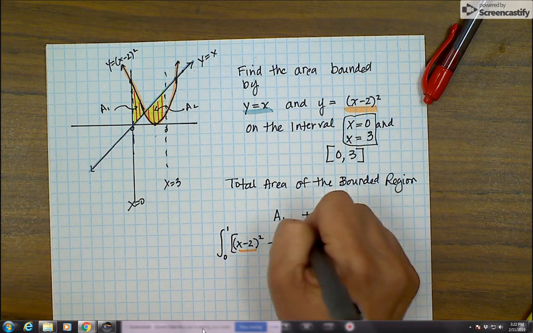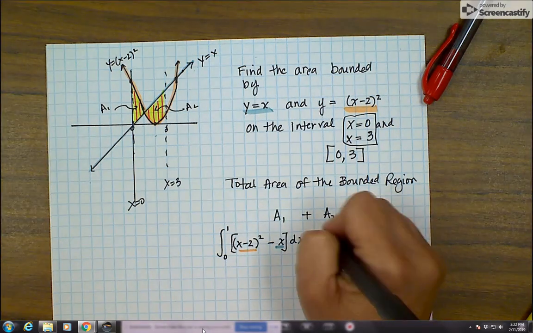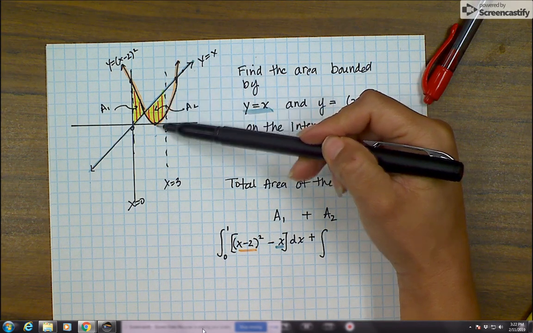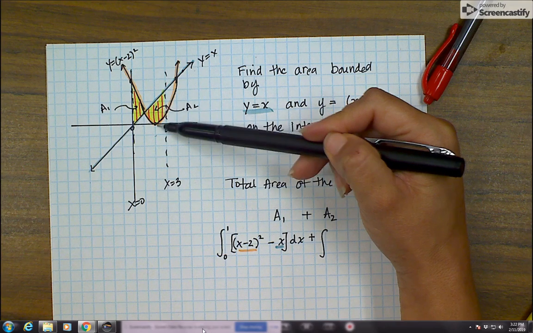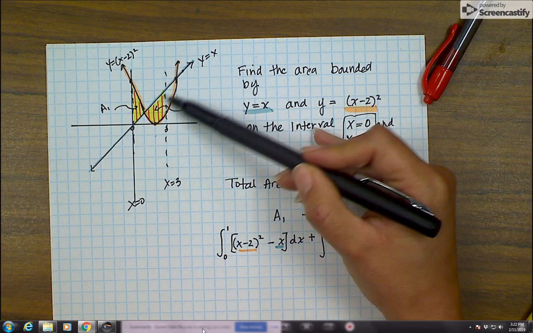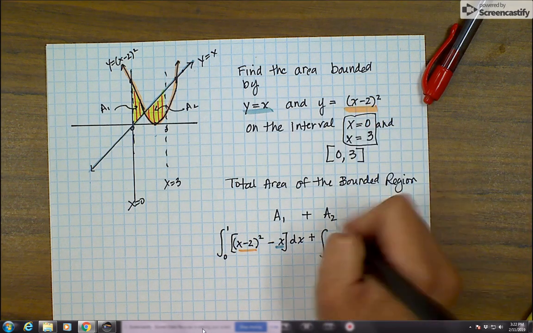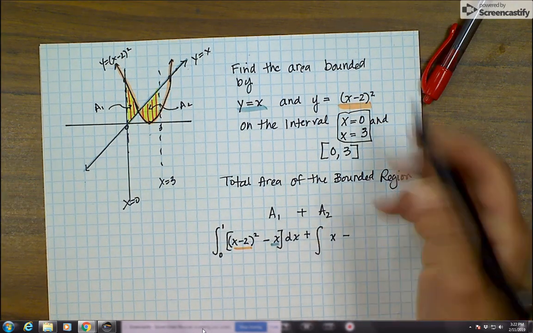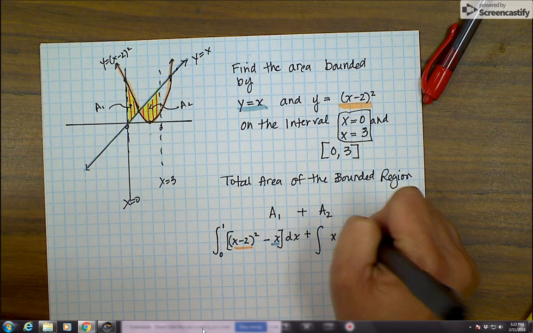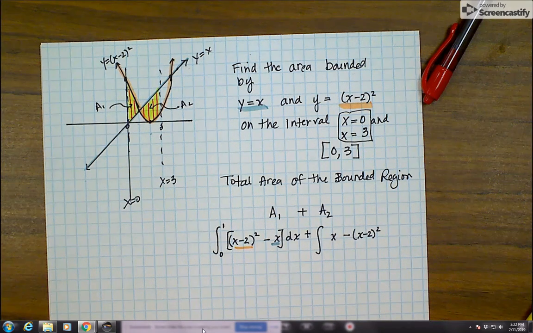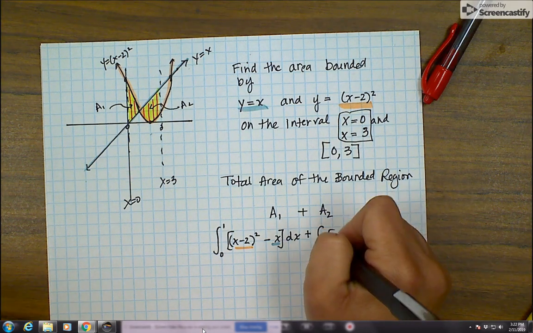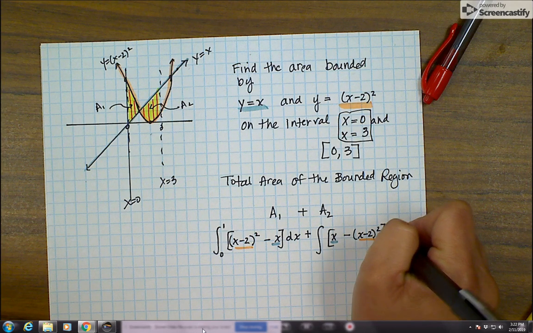Now, area 2. Area 2 is a different integral because when you subtract upper minus lower, the functions are different. So the upper function in this situation is going to be x, and the lower function is going to be x minus 2 being squared, dx.